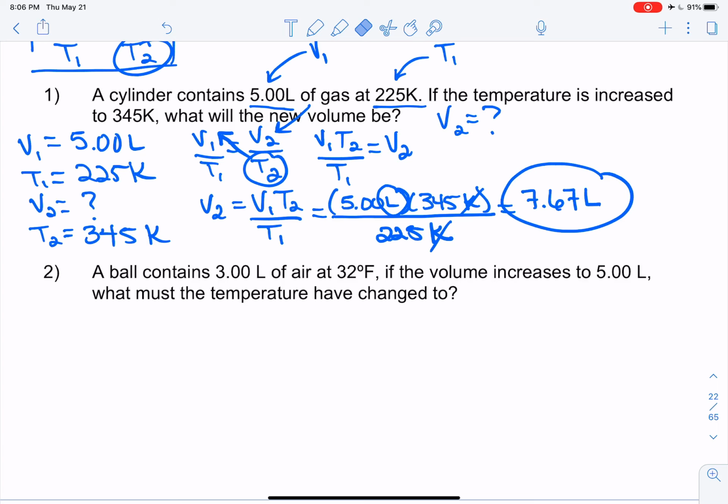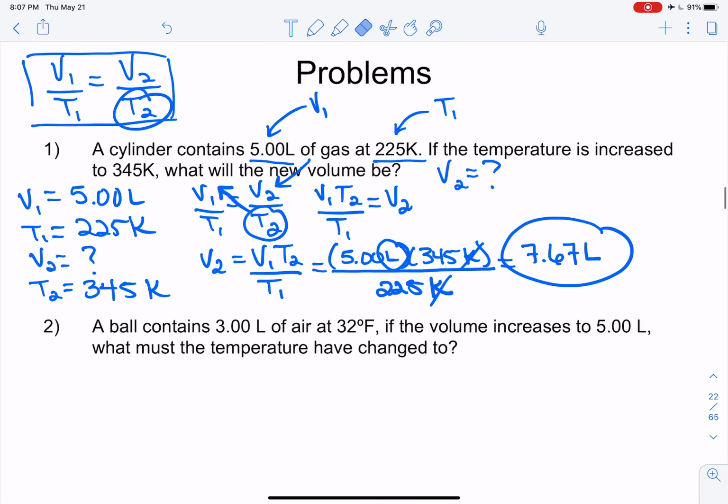Okay, so if we don't use Kelvin, what we'd have is V1 is equal to 5 liters, and our temperatures are going to be in Celsius.